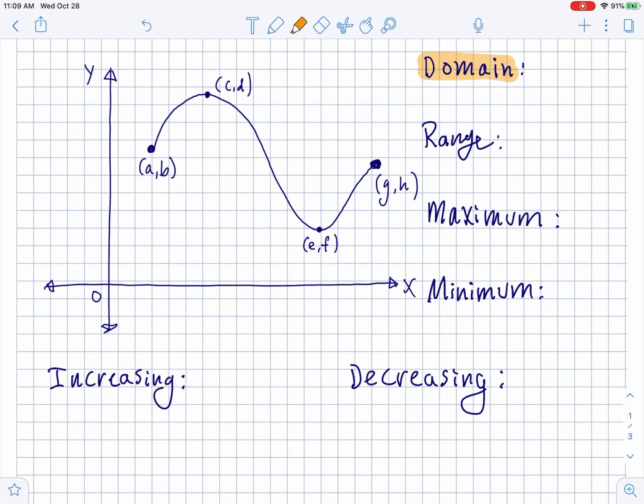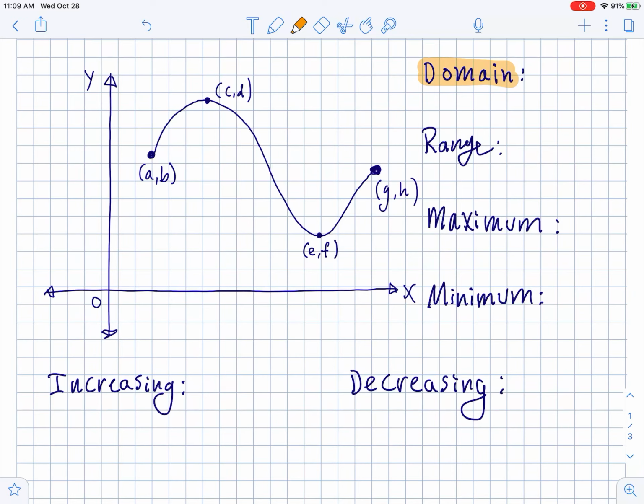First, let's talk domain. Maybe I'll get super color coordinated for this one. You guys, the domain is just all the x values that exist on the function.